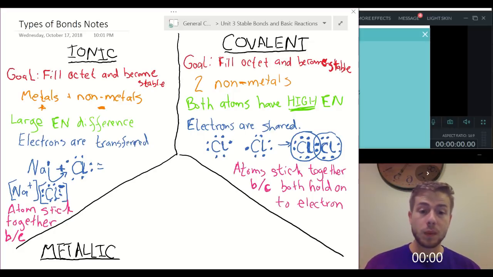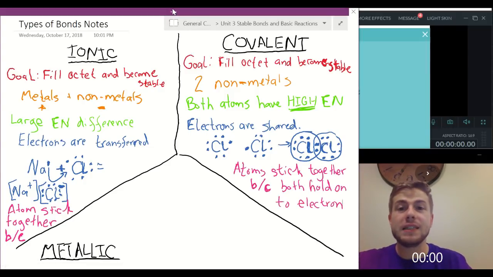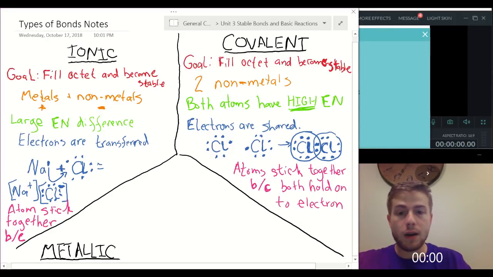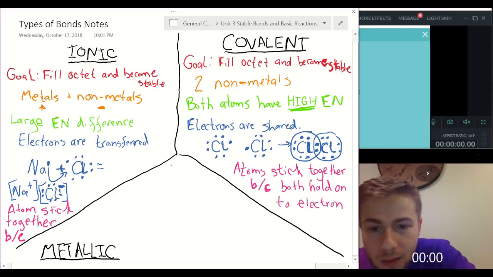Okay, the last one we're going to talk about, and there's really only 3 ways atoms go about filling their octet, 3 strategies: ionic, covalent, and the last is metallic. So metallic bonds, surprise, surprise, have the exact same goal as covalent and ionic.